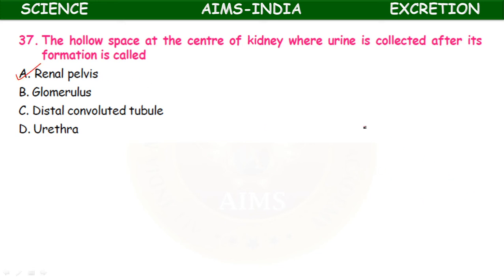So once again, this is the renal pelvis. The empty space where the urine is collected after formation is the renal pelvis, which opens into the ureter. This is the ureter.